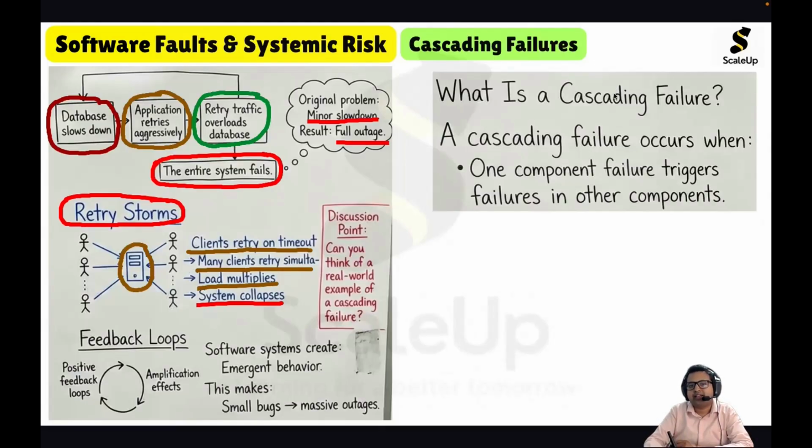In cascading failure, we also have to discuss feedback loops. In software systems, we have positive feedback loops. Let us understand what a positive feedback loop is. In software, what happens is that it often uses positive feedback, where a failure signals the system to work even harder.